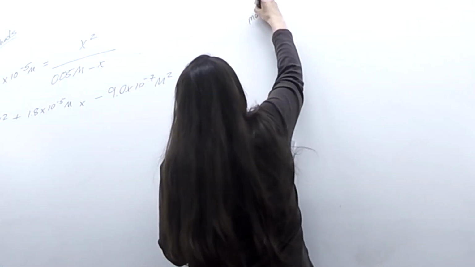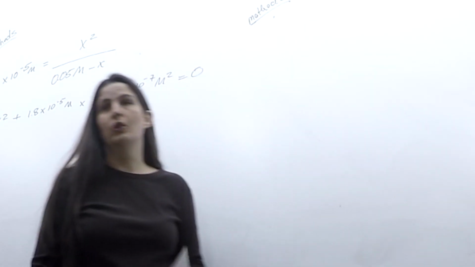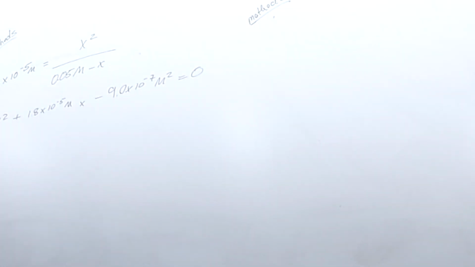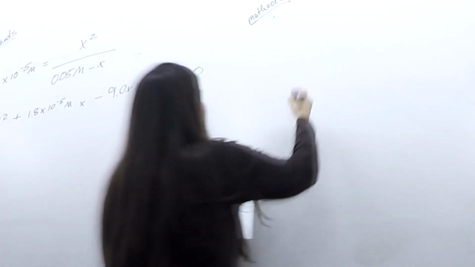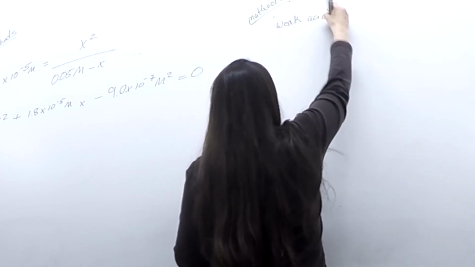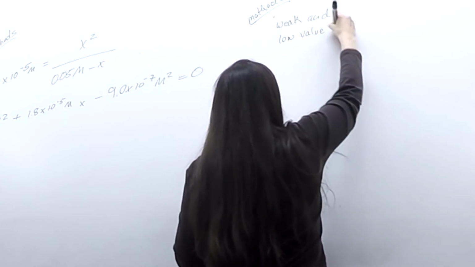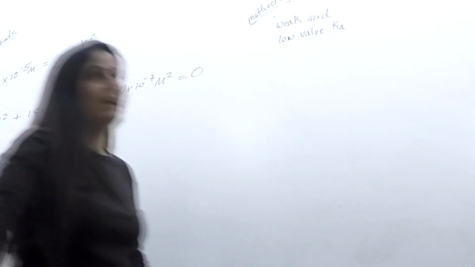All right, I'm going to teach you a new method that you can use in one condition. And here it is. Method 2's condition is we have a weak acid with a low value of Ka.